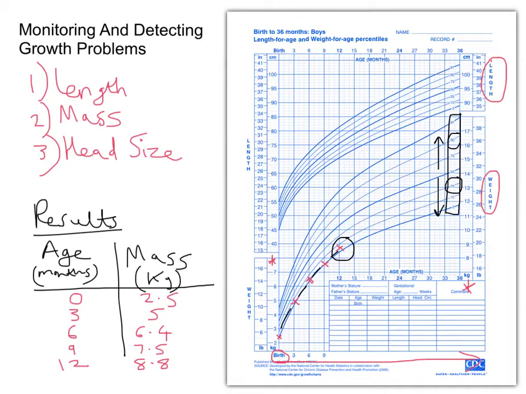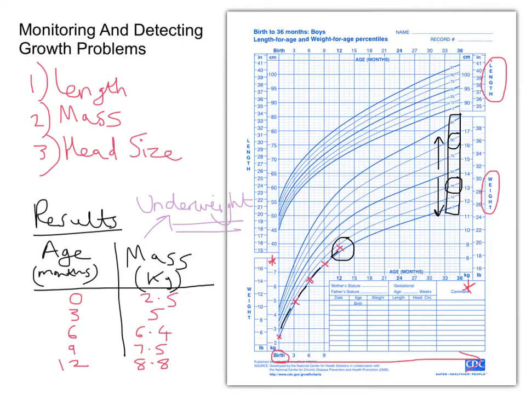So that means that this child has the same mass or is bigger than only 3% of the population, which means that this child has a smaller mass than 97% of the population. So this child is massively underweight. So that's what this graph shows, that this child is massively underweight. And that's how you read one of these growth charts.